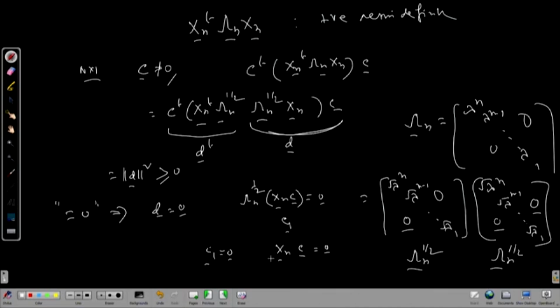So this is not allowed, because the data in X n are coming randomly; there is no linear relation in those data vectors, that does not happen in practice. Therefore, for X n C you cannot find a non-zero vector C such that combining the columns of X n by the elements of C gives a 0 vector.